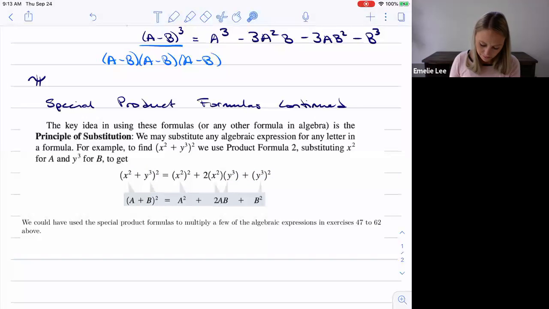So a lot of the exercises that you'll see might be special products.